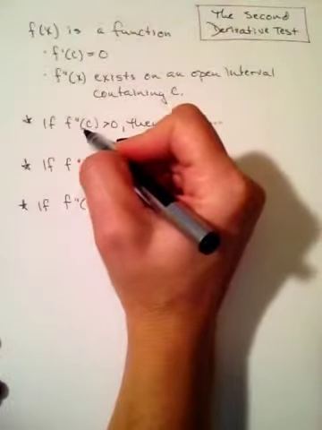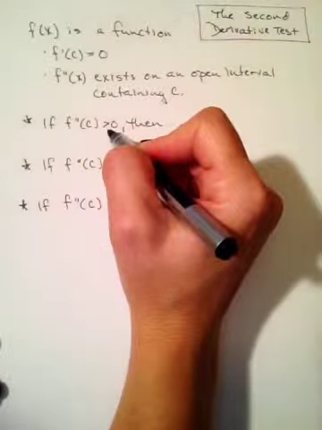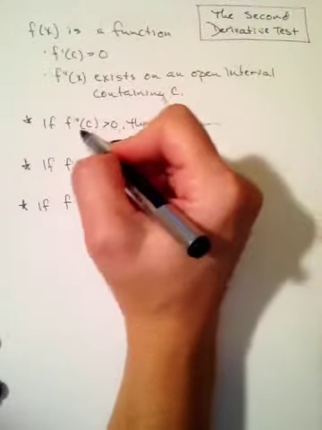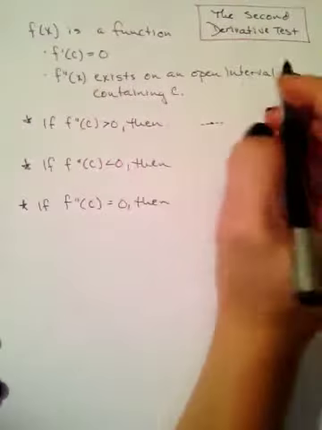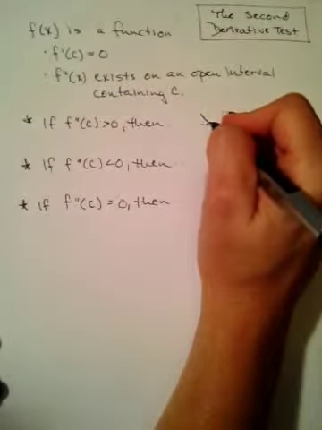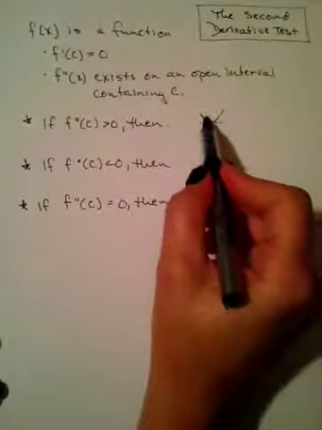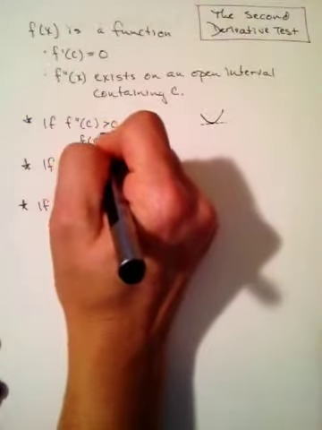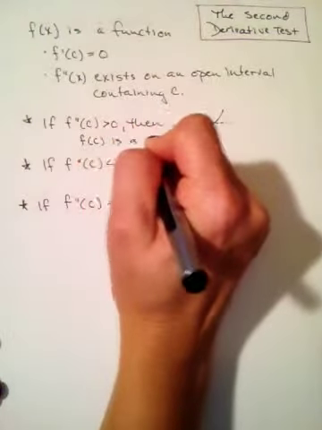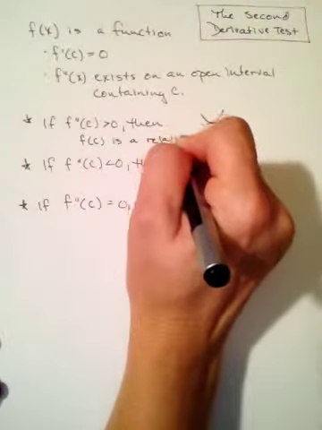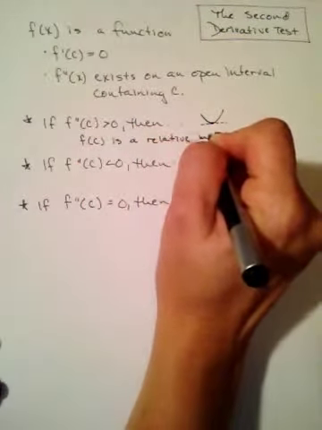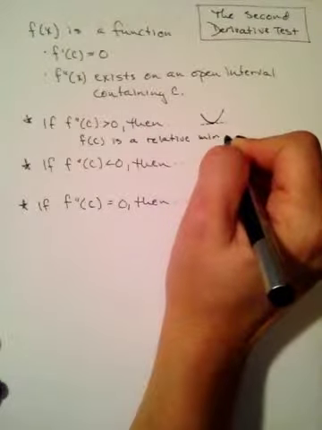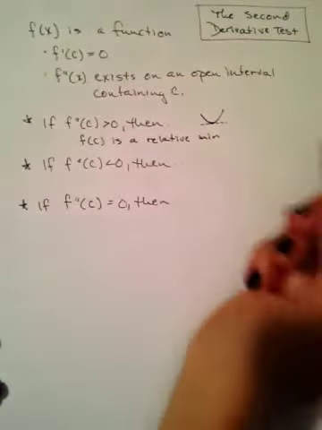And then it tells me the second derivative is greater than 0, so it's flattening out, but my function has to be concave up. Well, that would mean it looks something like this. If that's true, then I would say f of c is a relative min. Or I could say there is a min at x equals c.